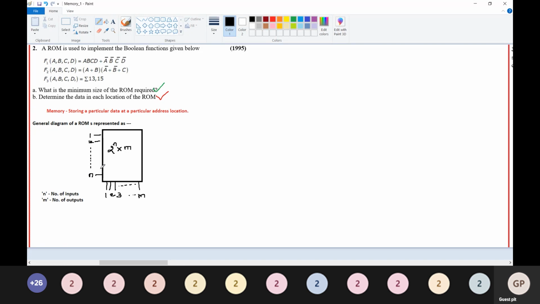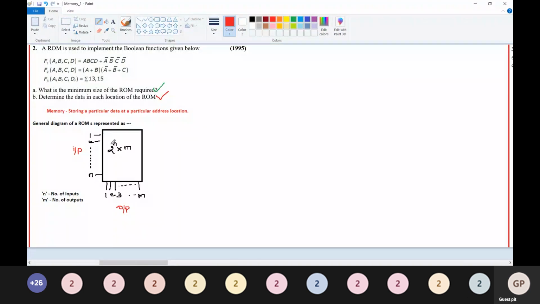These are your number of inputs, and this is the number of outputs. And so we have 2 power n memory locations.